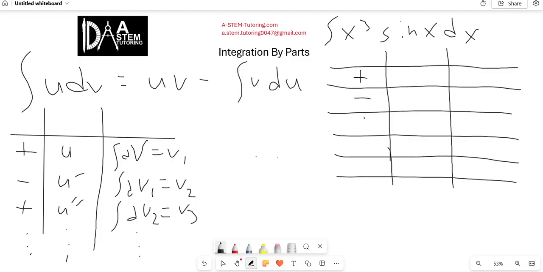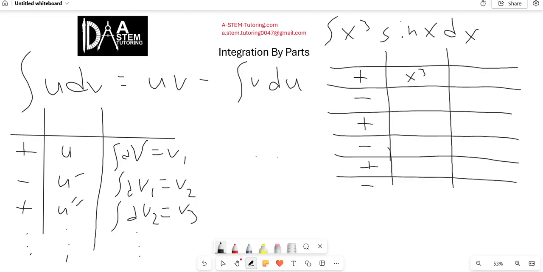Alternating plus, minus, plus, minus, plus, minus. For u, we can select x cubed because it gets simpler each time you differentiate it. And the remainder will be dv, which is sine x dx.